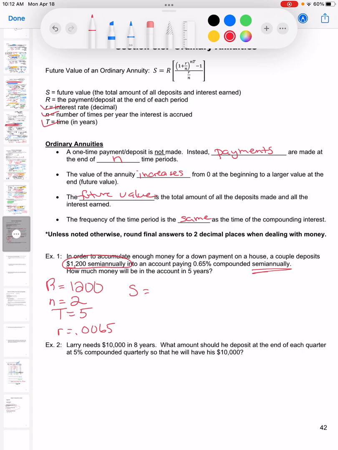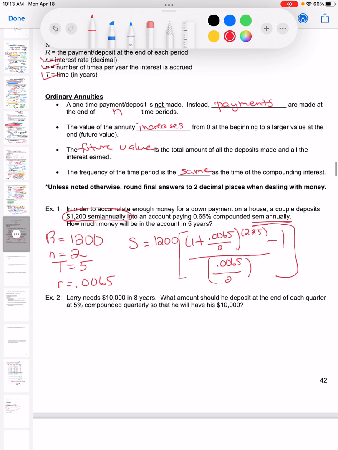I'm going to plug this into my formula, and it is a challenge to type in. I would tell you to take your time and not try to do all of it at once. You're going to see I'm going to type in parts of mine. I'm actually going to come over here to give myself a little more room because I wrote kind of large.